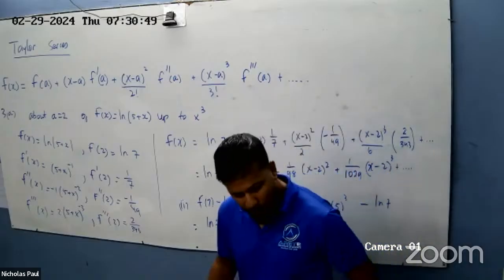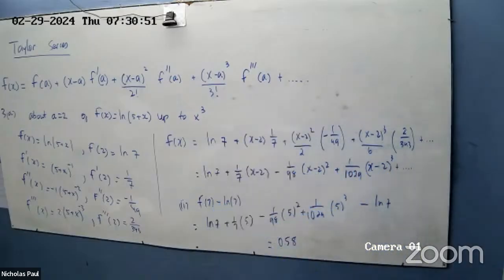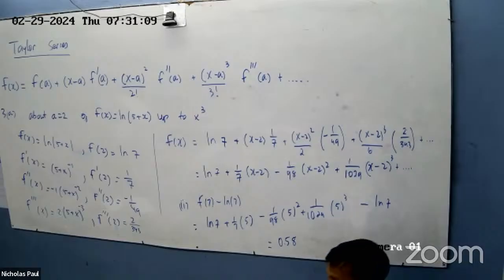All right, let's do one more. 14 marks. Plenty of differentiation, just a way to understand the concept of Maclaurin's. Now that 14 marks is plenty.